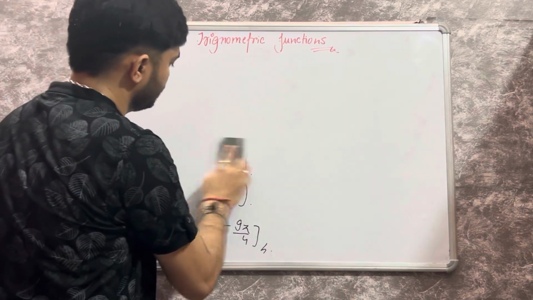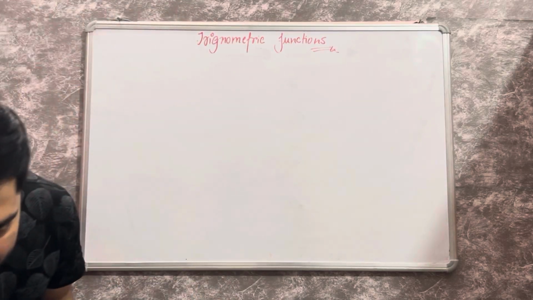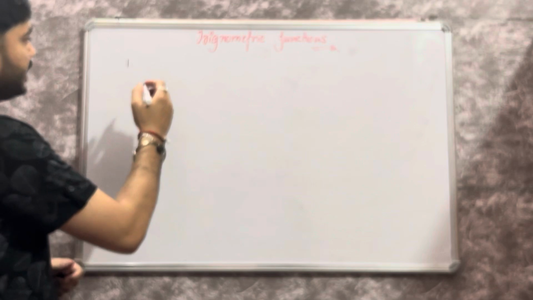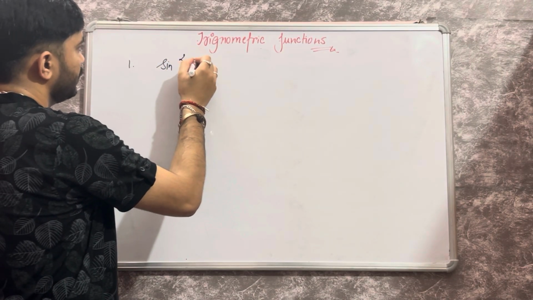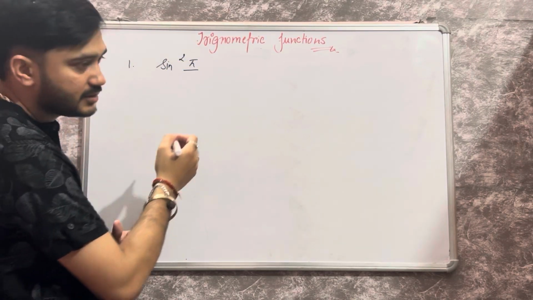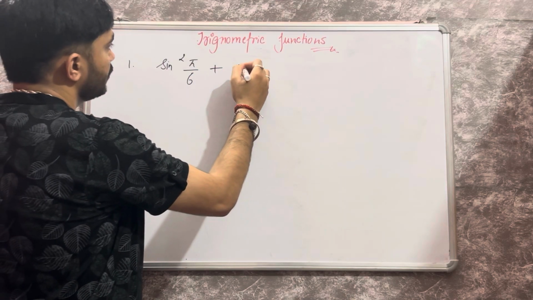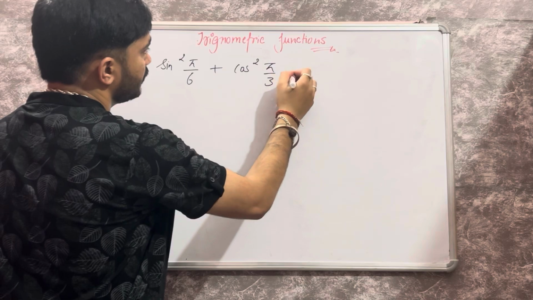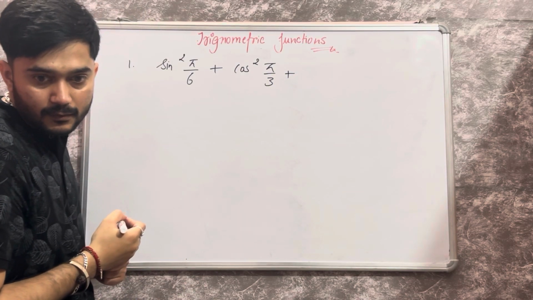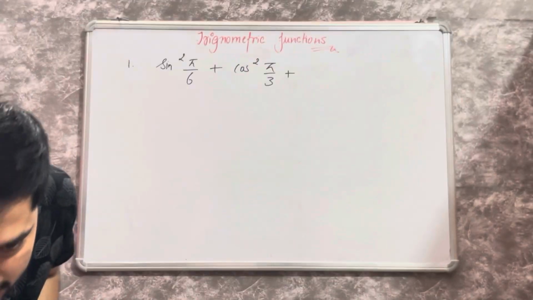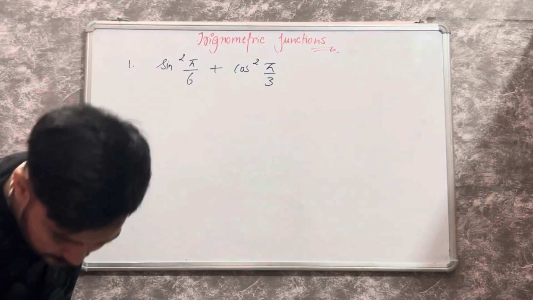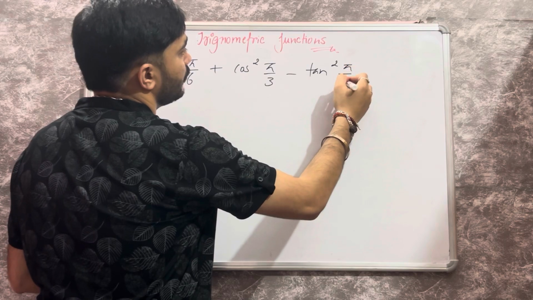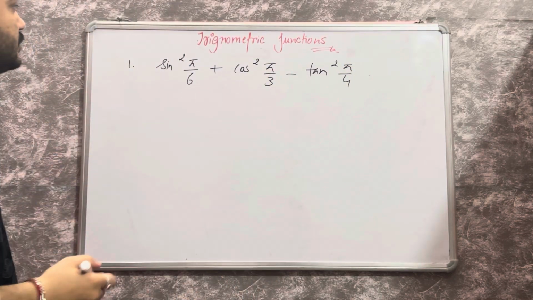So the first question is sin square pi by 6 plus cos square pi by 3 minus tan square pi by 4. We are going to find the value of this.